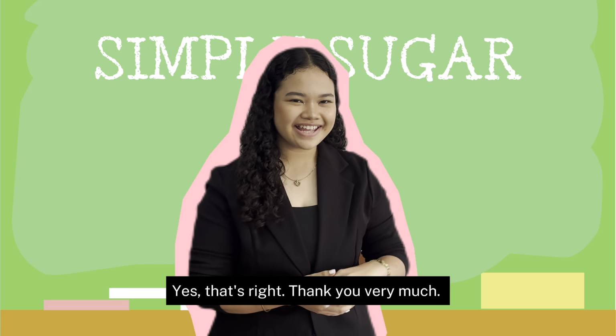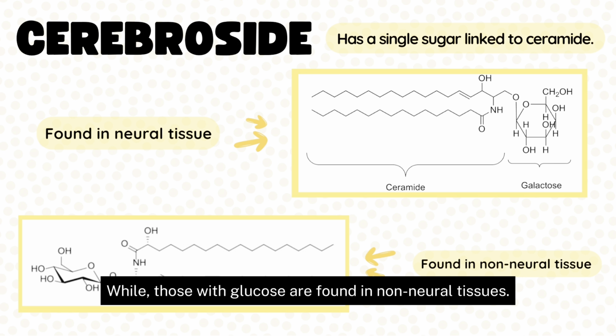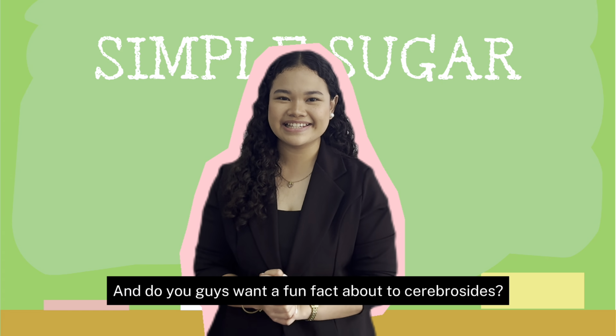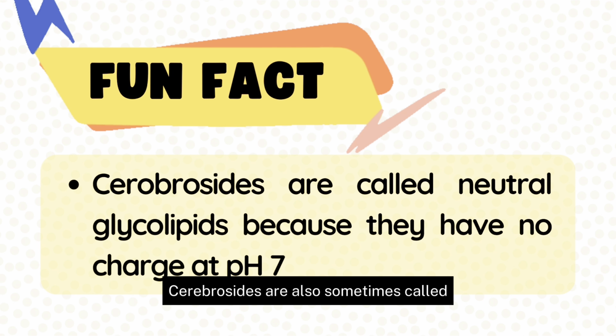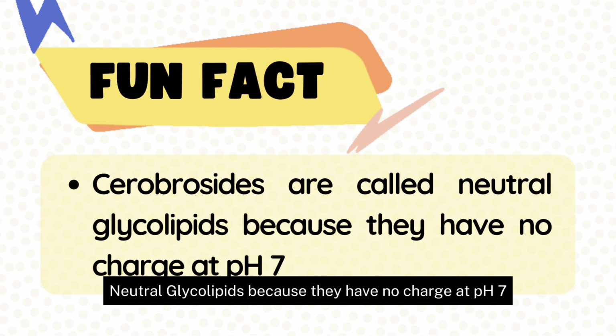Yes, that's right. Those cerebrosides with galactose are found in your neural tissues, while those with glucose are found in non-neural tissues. And you guys want a fun fact about cerebrosides? Yes! Cerebrosides are also sometimes called neutral glycolipids because they have no charge at pH 7.